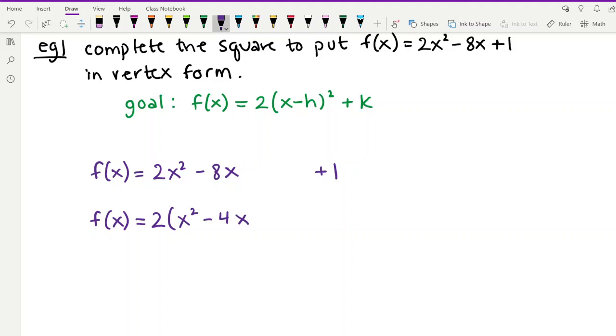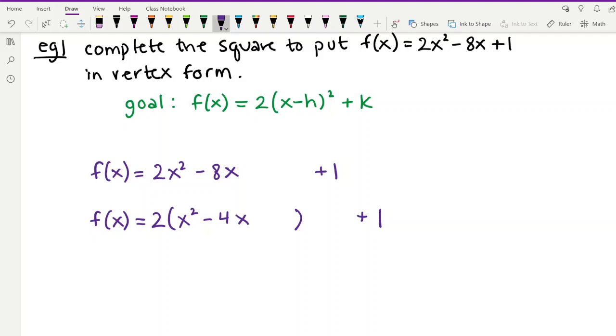I'm not going to factor the 2 out from this 1. You could if you wanted to, but that would make this process more complicated. So the easiest thing to do here is to factor the 2 out just from the first 2 terms, and then just leave the plus 1 out here. And that's fine, right? You're allowed to factor something out from only one portion.